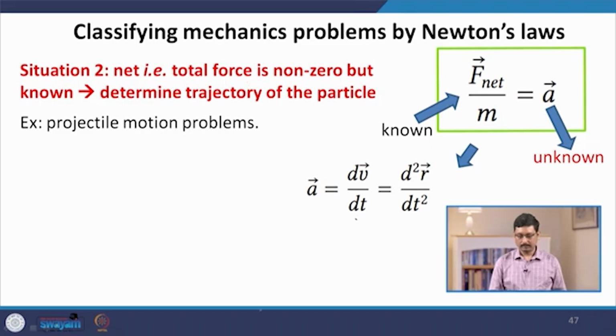Now, the second situation is a slightly more general version of this: the total force is now non-zero, but the total force is given, that is, each force acting on the particle is given. In this case, our goal is to determine or compute the trajectory of the particle, how the particle is moving. For example, consider projectile motion.